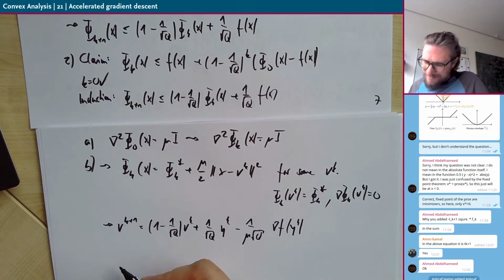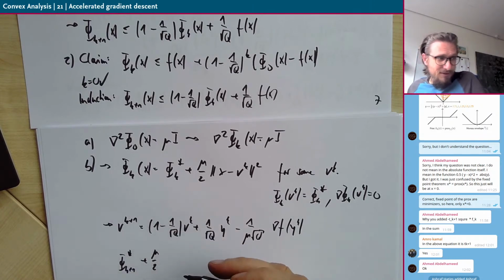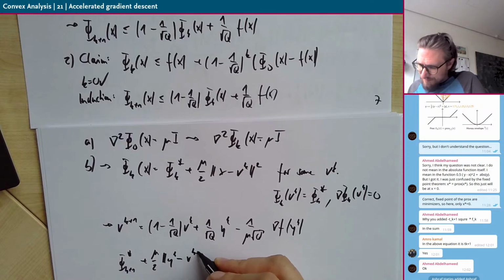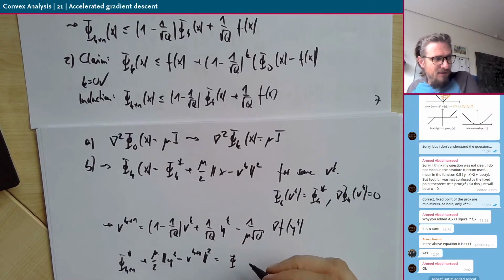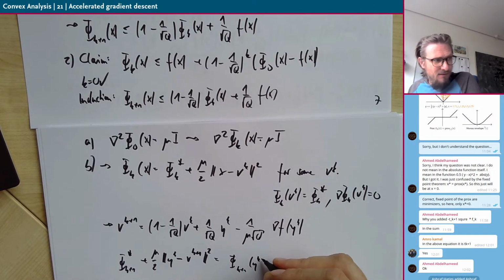What you can then see is that phi k plus 1 star plus mu over 2 yk minus vk plus 1 squared is equal to phi k plus 1 at yk.